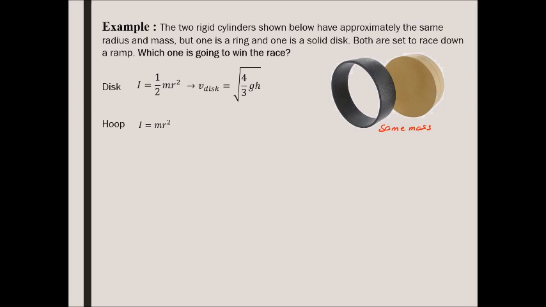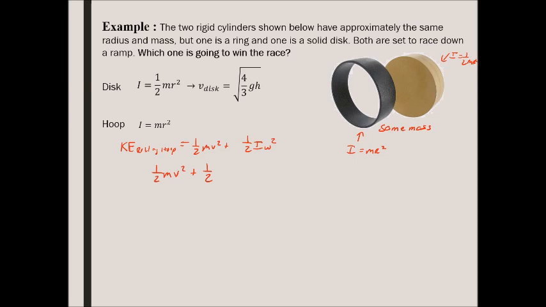The first thing we need to do is figure out what the kinetic energy of rolling for the hoop is, to be able to do that very same energy balance. For the disk, we said I is equal to 1/2 mr squared. For the hoop, I is just equal to mr squared. That means we have 1/2 mv squared plus 1/2 I omega squared, where again we're going to do the same substitution for I, but this time using the I for a hoop instead of a solid disk.